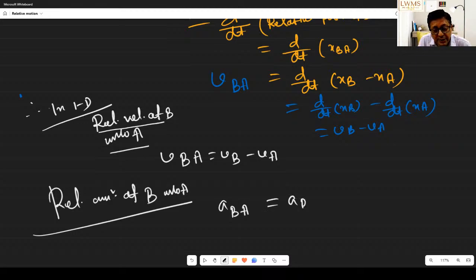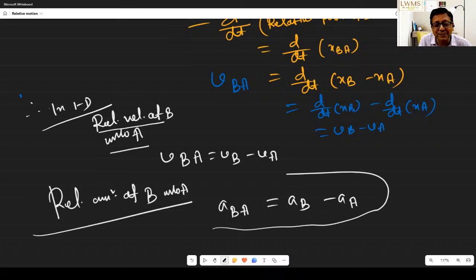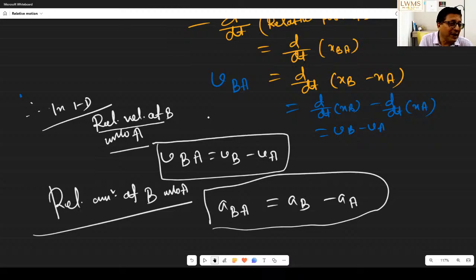ABA is nothing but AB minus AA. Keep this in your mind. So we have done relative position, relative velocity, and relative acceleration. Let us apply them one by one in solving.